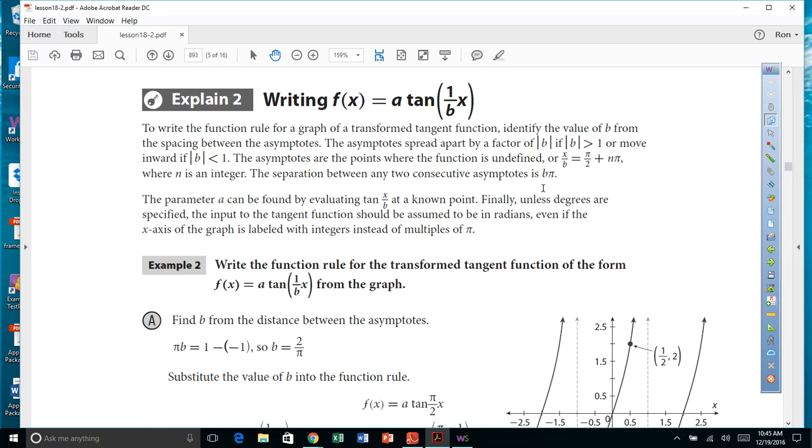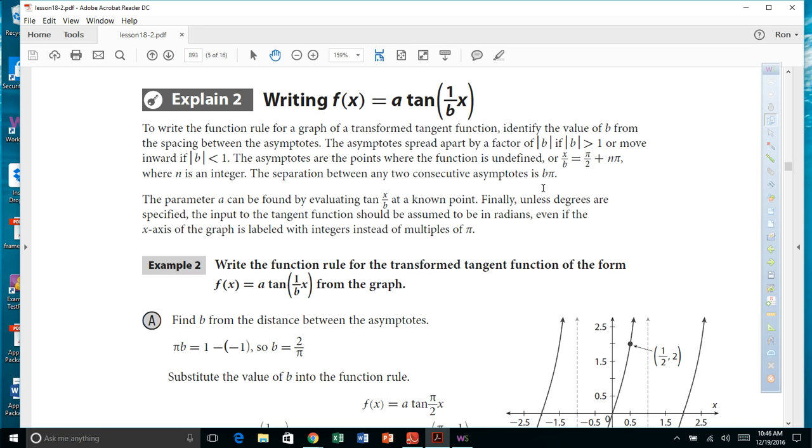Writing f of x equals a tangent 1 over b x. To write the function rule for a graph of a transformed tangent function, identify the value of b from the spacing between the asymptotes. The asymptotes spread apart by a factor of the absolute value of b if the absolute value of b is greater than 1, or move inward if the absolute value of b is less than 1. The asymptotes are the points where the function is undefined, or x over b equals pi over 2 plus n pi, where n is an integer.